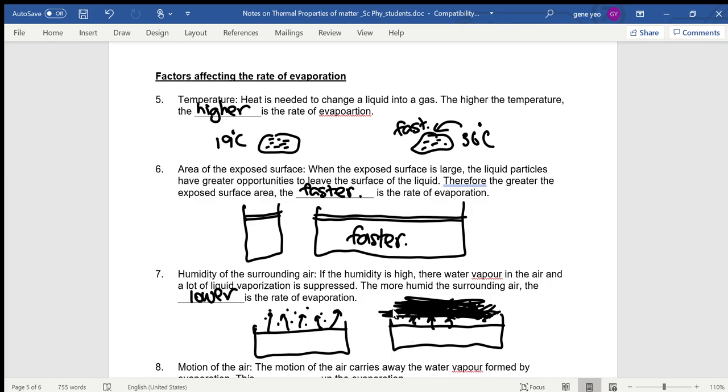So that's why with high humidity comes low rate of evaporation. And that's why in Singapore, when we perspire, our perspiration stays on our skin. Whereas in a country of low humidity, you seem to be always very dry. It's not because you don't perspire, but because the perspiration that occurs to cool your body down evaporates away very fast.